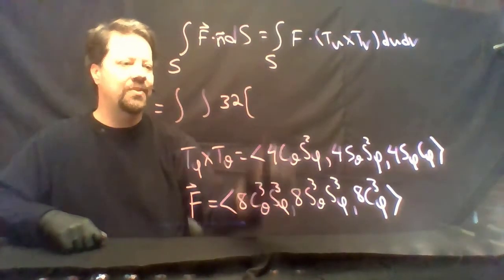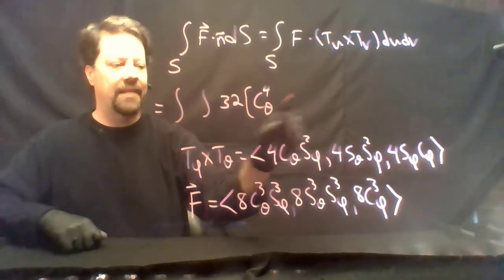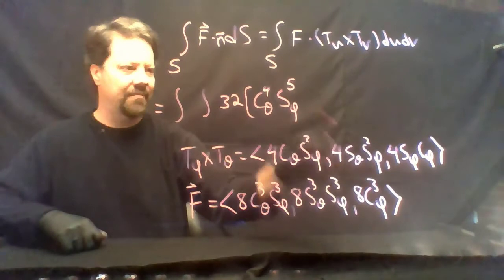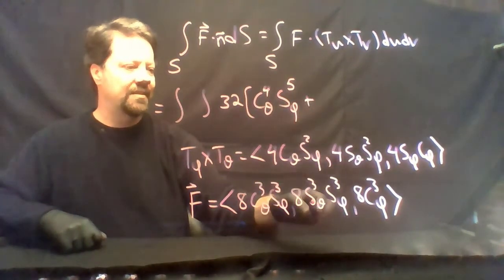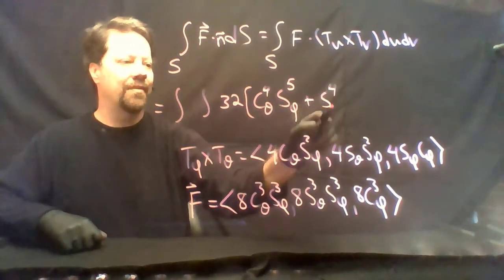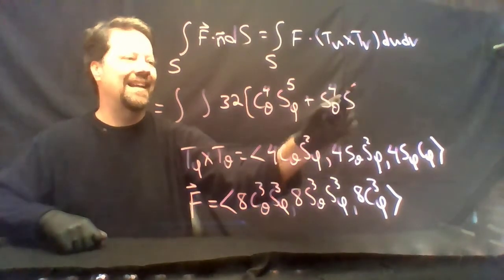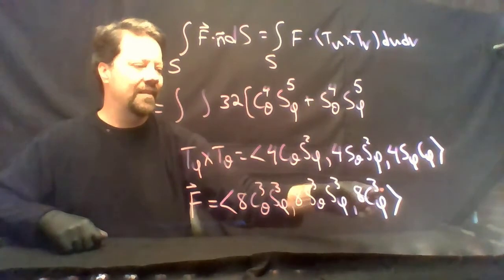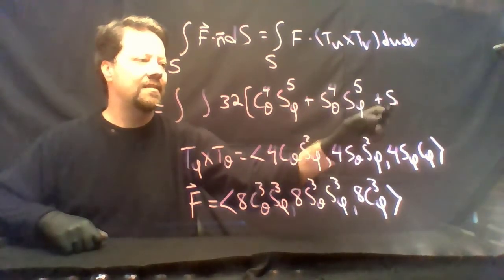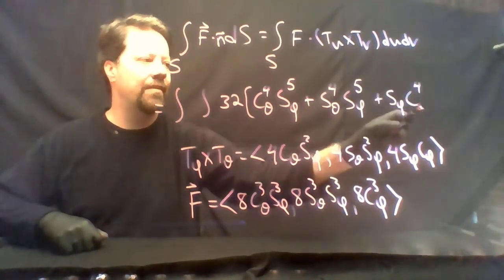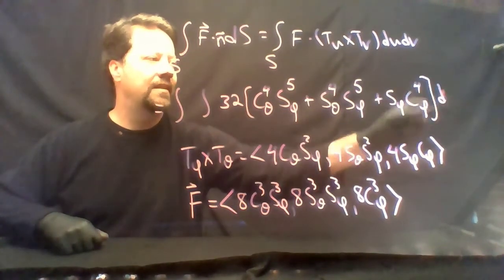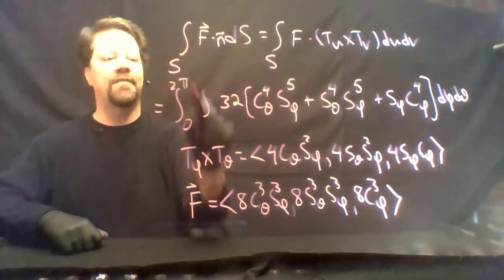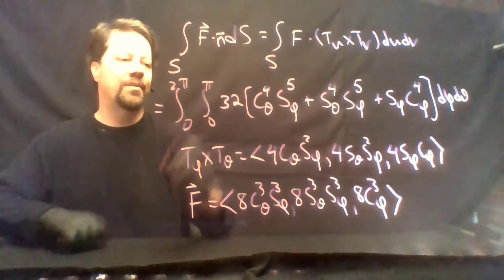We'll have cosine to the 4th theta, sine to the 5th phi, sine to the 4th theta, sine to the 5th phi, and on the last coordinate, it's going to be sine phi cosine to the 4th phi, d phi d theta. Theta goes from 0 to 2 pi, and phi from 0 to pi.